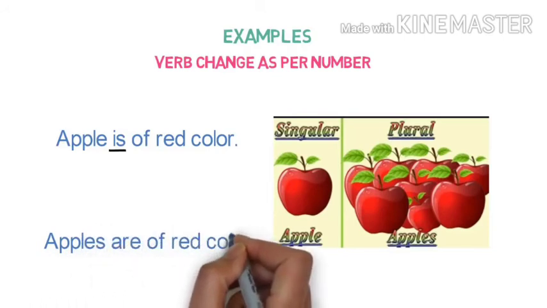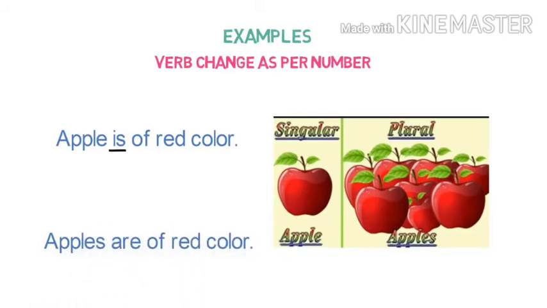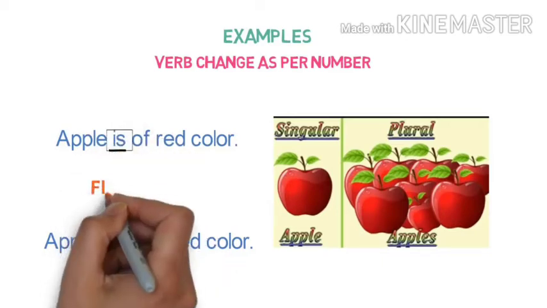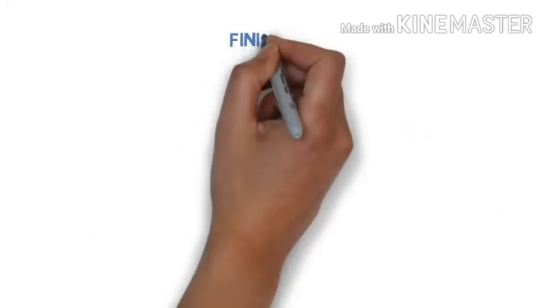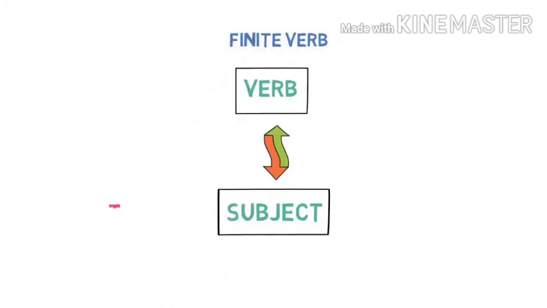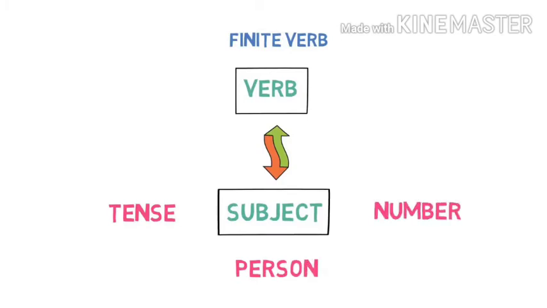Apples are of red color. The subject apples is in plural form. Here the verb is are. You can see here that the verb is changed to are as the subject changed from singular to plural. Now we are clear that the finite verb changes as per tense, person and number.